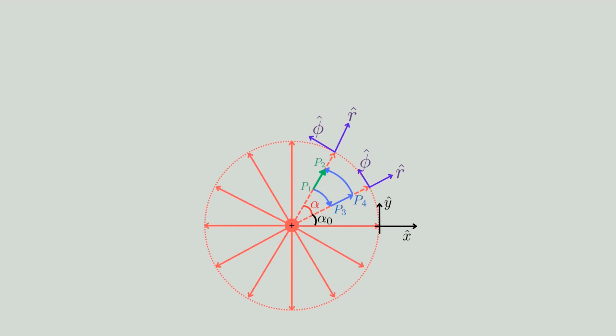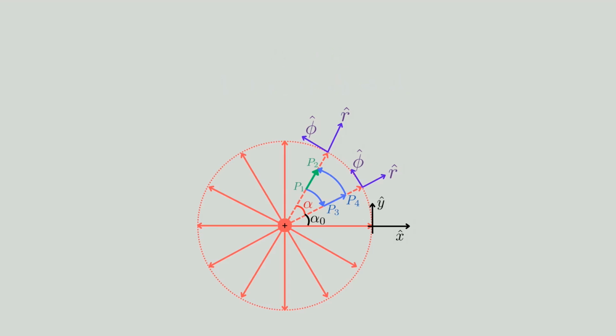There is a point charge and we want to calculate the potential difference between P1 and P2. We will take two different paths. The first is the green path or the direct path, while the second one will be the blue path, starting from P1, turning right to P3, then straight to P4, and turning left to P2. All points are described in polar coordinate system.